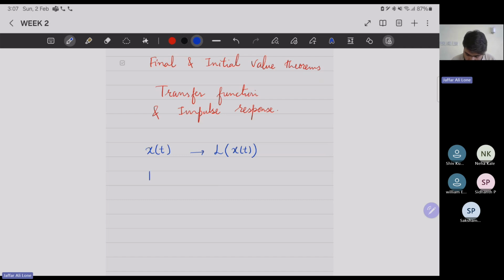And how do we find it? There's a formula. Laplace transform of x(t) is equal to the integral from 0 to infinity of x(t) e raised to the power minus st dt, and this is called the Laplace transform.